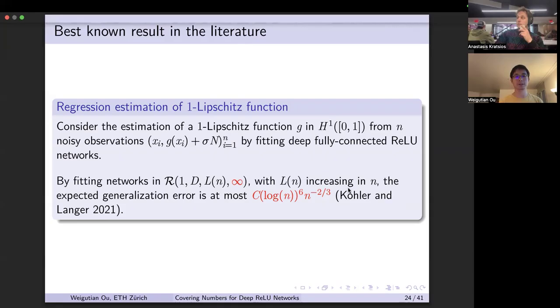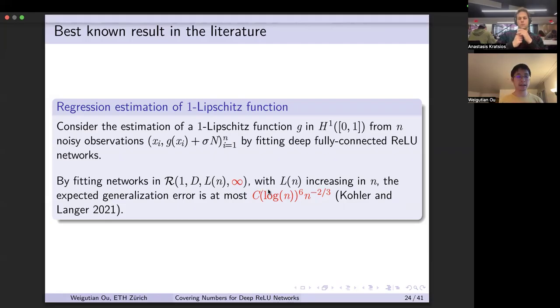In the literature, in particular from Kohler and Langer in 2021, they fit networks in R^d with depth L_n. Here the d and L_n could be different, but the networks they use don't impose any constraints on the weights. There is the infinity here in red.